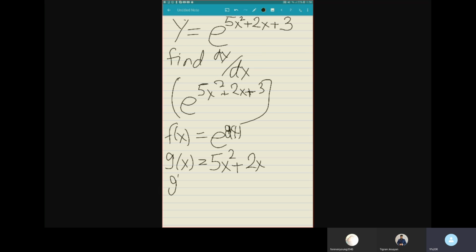Then g'(x) is 5 times 2, which is 10, and then x to the power 2 minus 1 is x. Oh, of course, and there's a 1 on top of the 2x. Yes, you're right, I forgot that. So then the derivative of 2x is just 2. Yes, that's good.